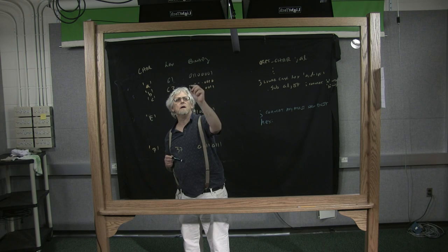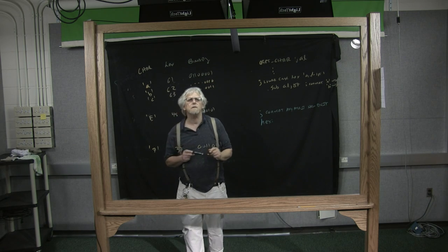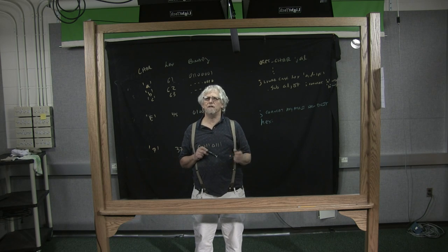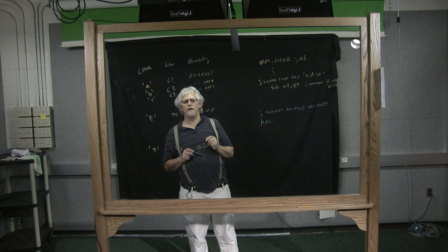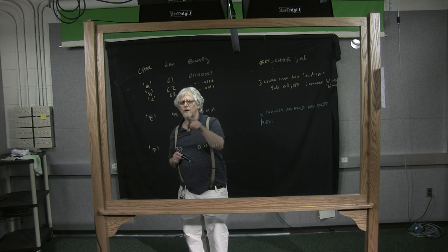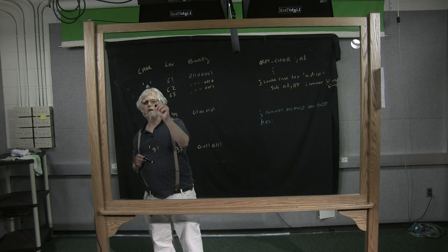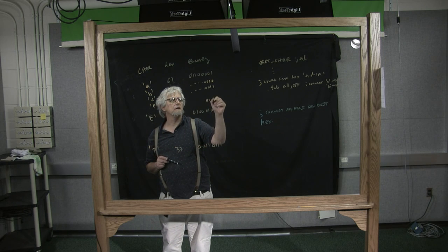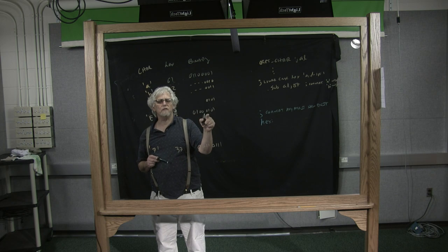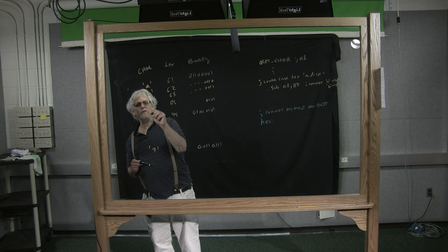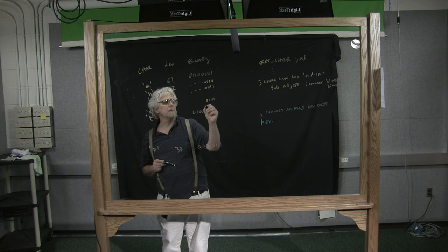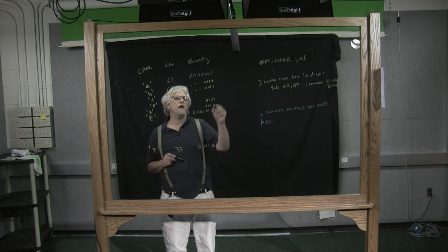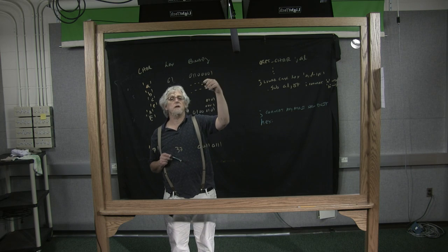Like that, right? You'll notice that the uppercase characters are the same. Uppercase E is 45. Uppercase A is 41.